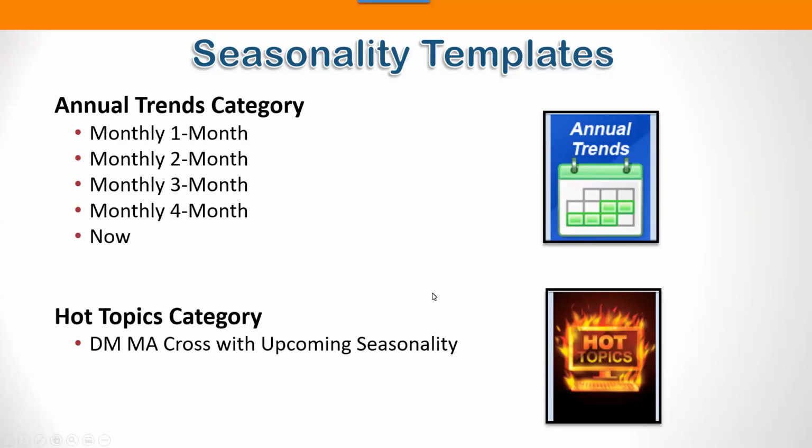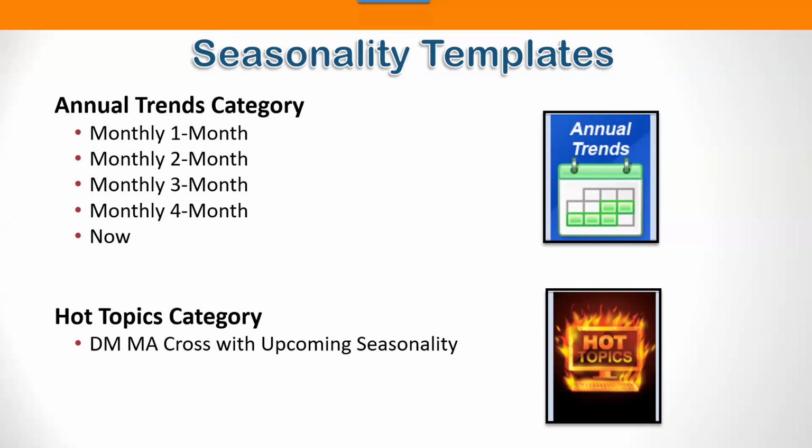The other category containing a template is the hot topics category. This contains the moving average cross with upcoming seasonality. And this is a combination of taking a technical pattern, which is a moving average cross, where you can define the short period and the long period moving average, looking for a cross, but also looking for that seasonality coming up.